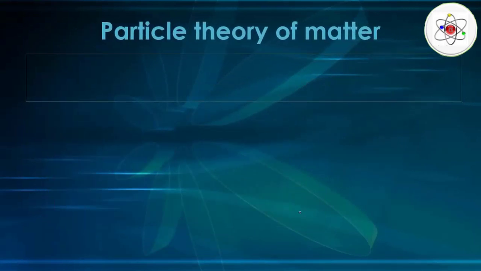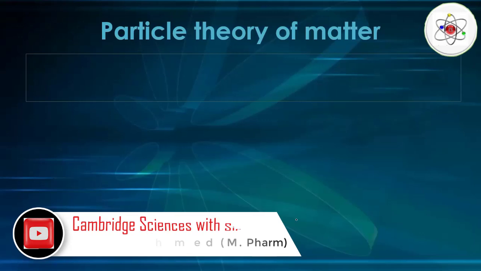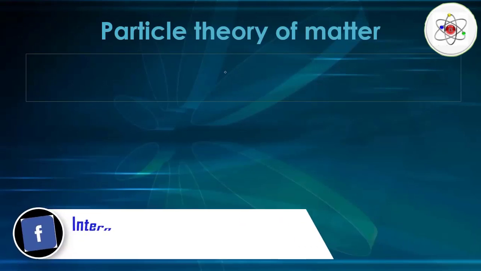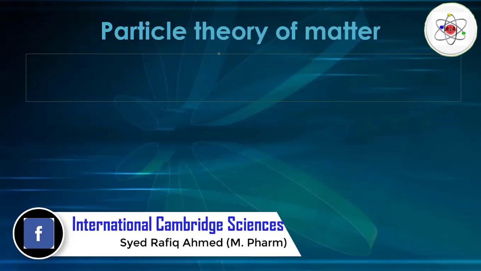So, starting the particle theory of matter: basically, the particle theory of matter is of great importance, right? Because it provides a reasonable explanation for matter's behavior. Secondly, it conveys an important concept that matter particles are always in motion.